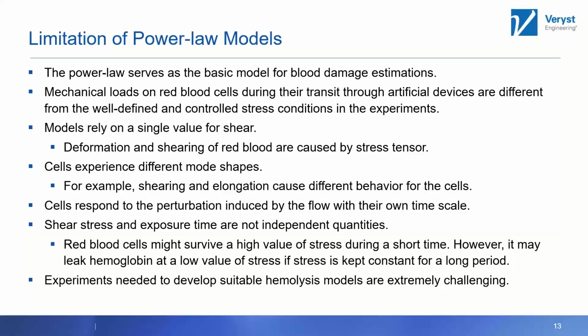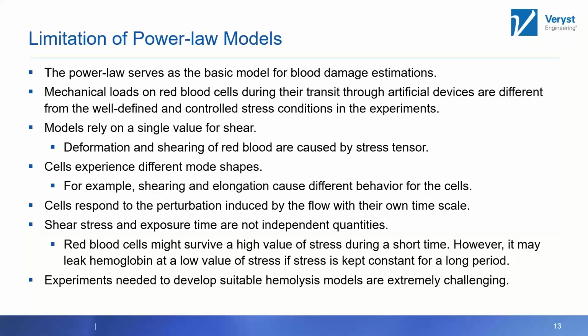In this model, the equation relies only on one value for shear, whereas deformation and shearing of a red blood cell is caused by the shear tensor, not just one value of shear. And red blood cells experience different mode shapes. For example, they may shear, they may elongate, and shear and elongation will have different effects on the cells.